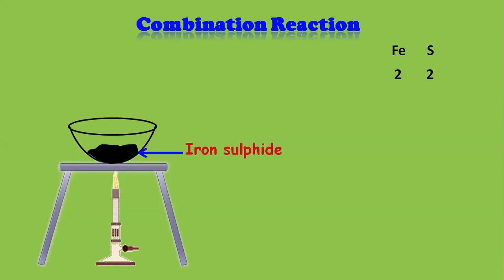For those students who are always attentive, and for those who are not being attentive, iron is an element with two valencies, 2 and 3. You are going to consider the valency of iron as 2 always. When we are going to take 3, what are the conditions required to take 3? I will tell you when we are doing that reaction. For now, remember the valency of iron will be considered as only 2.